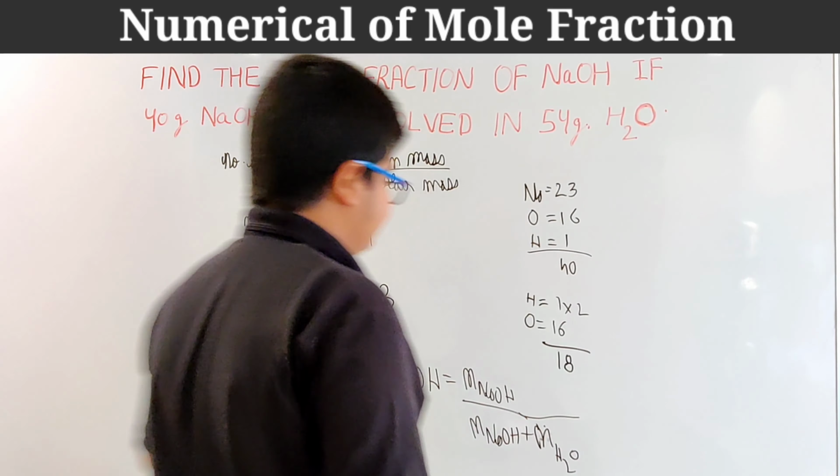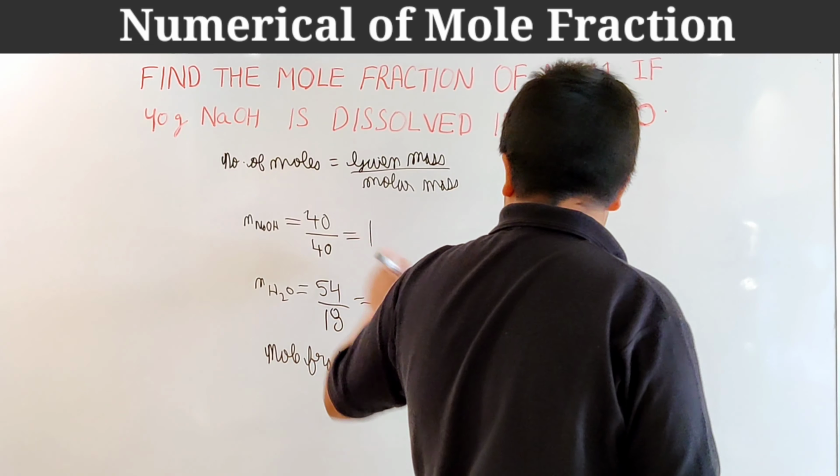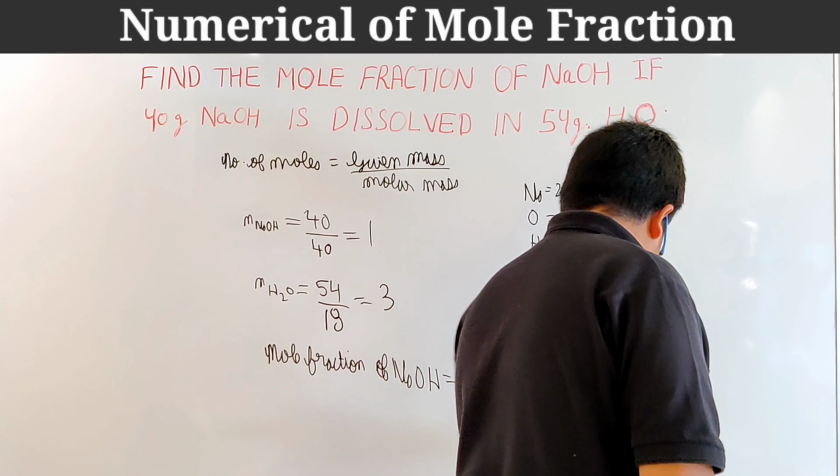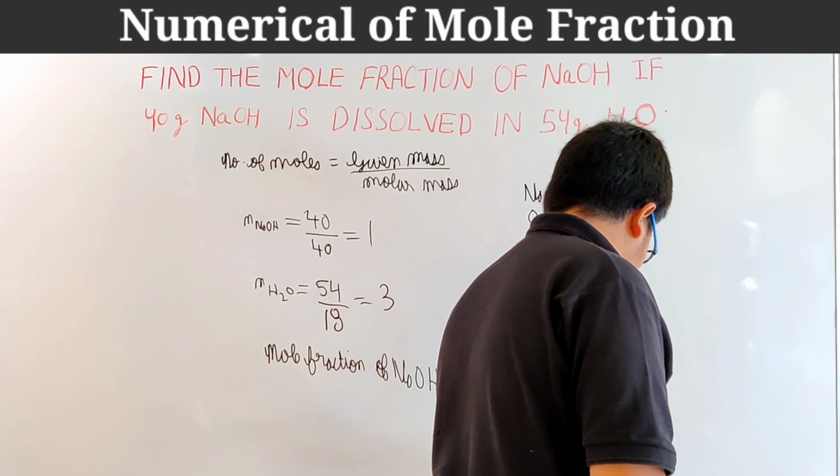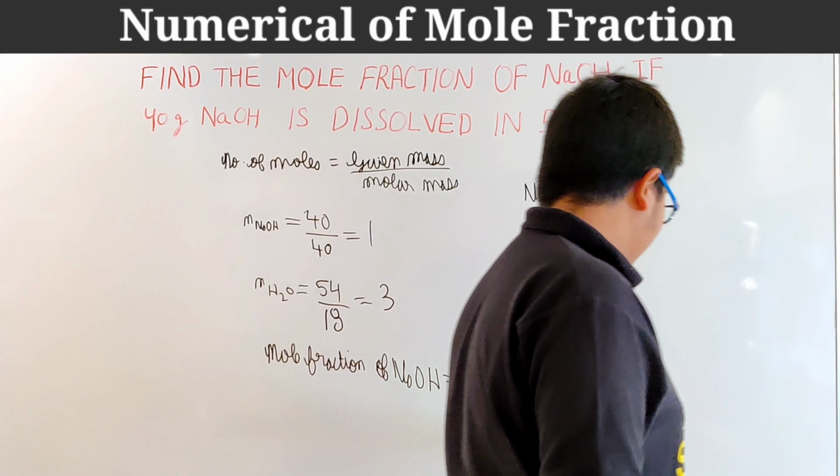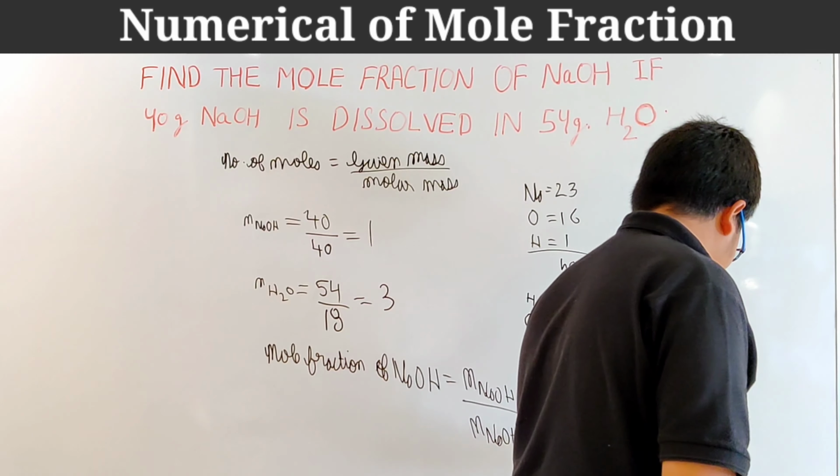So this will become, as there is 1 mole of NaOH, 1 upon 1 plus 3. So this will become 1 by 4.